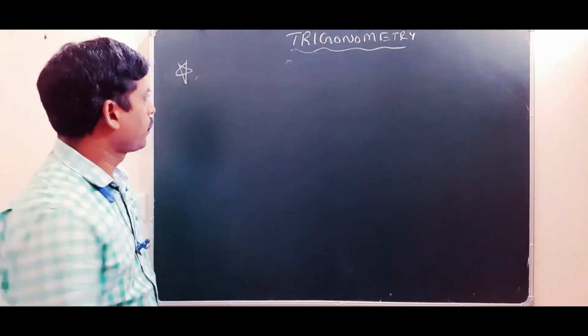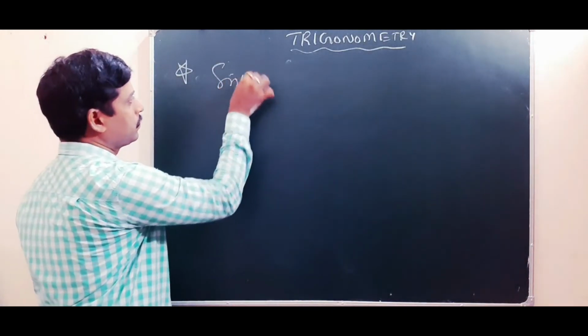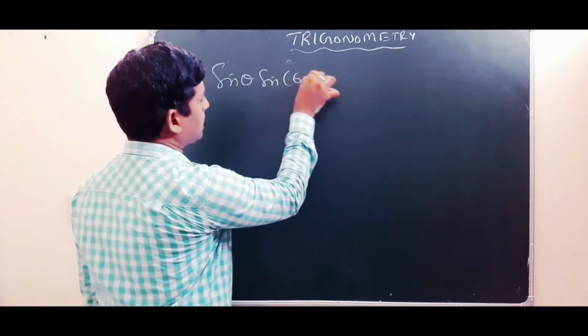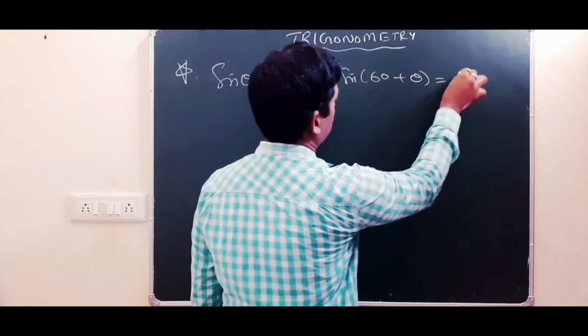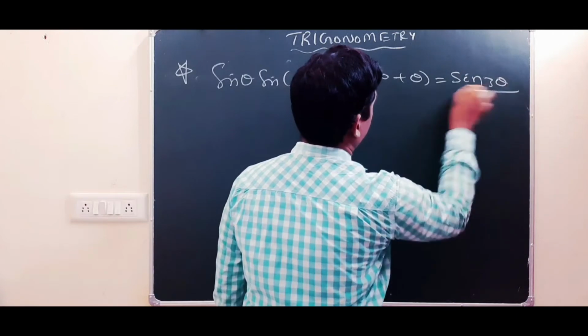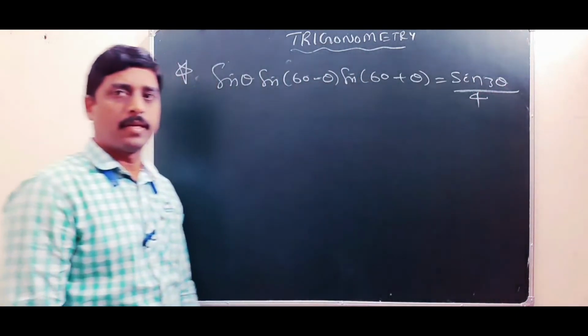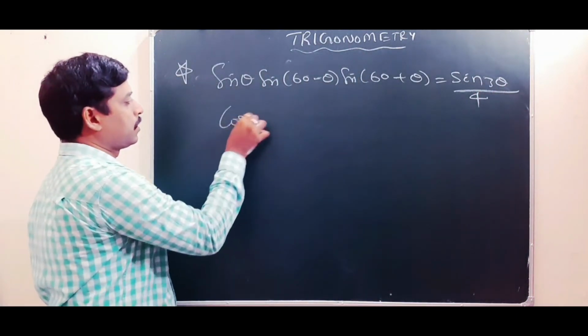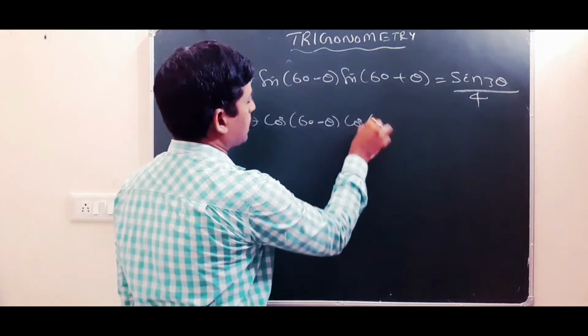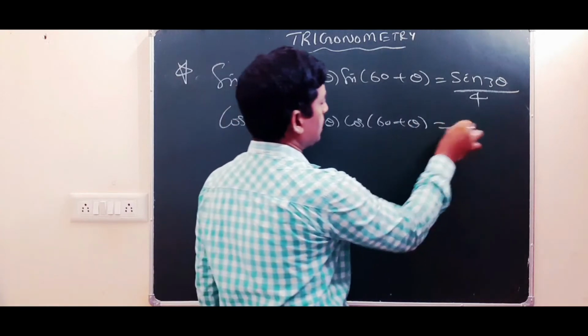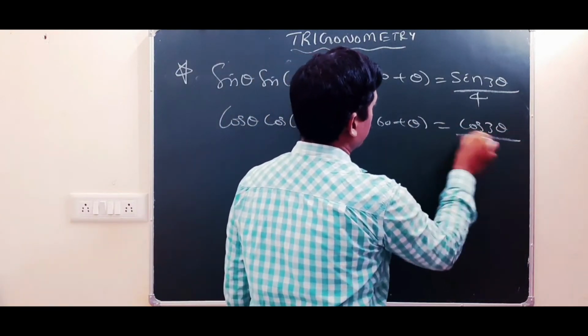Okay. So now explain sin theta into sin 60 minus theta into sin 60 plus theta. This formula is sin 3 theta by 4. Very important result. And cos theta into cos 60 minus theta into cos 60 plus theta will be cos 3 theta by 4.